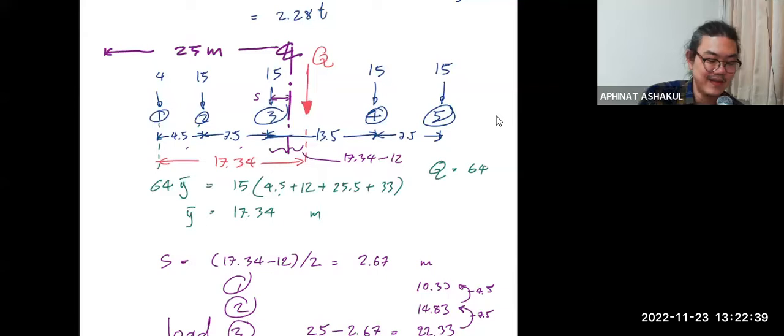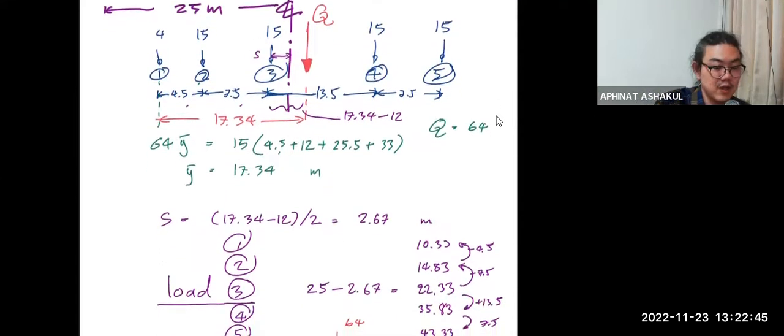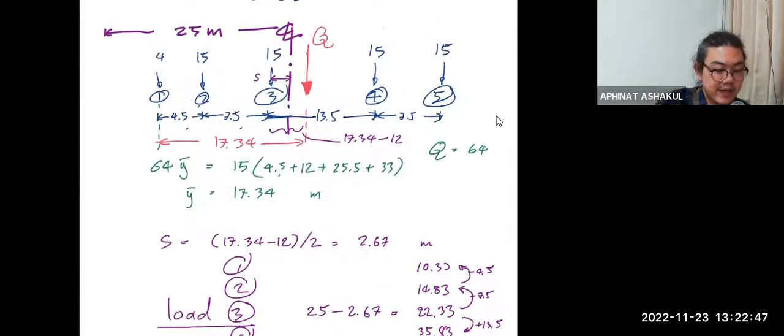Oh, right. So now, yeah, you didn't tell me. You were right. That was my bad. So let's put it back on the record. Q here is 17.34 from load number one, not from the support. So that is wrong, and we need to fix that.